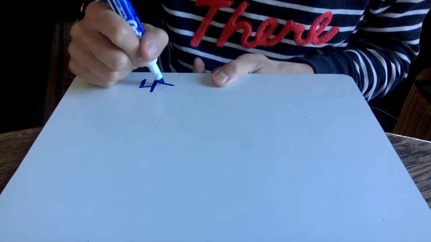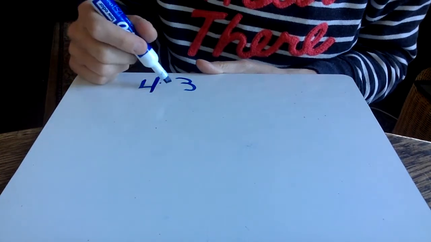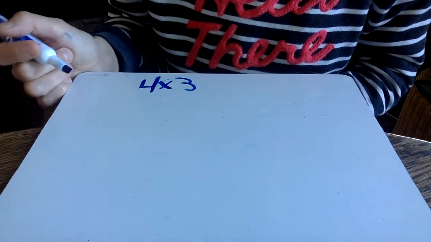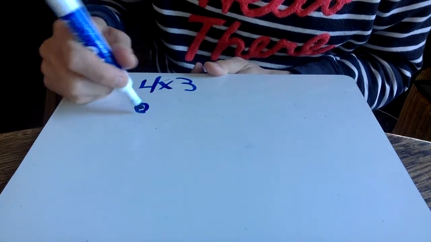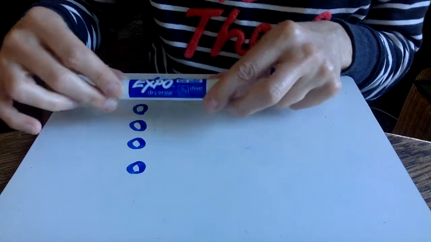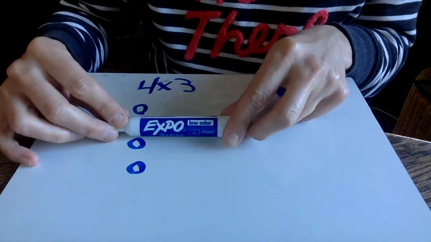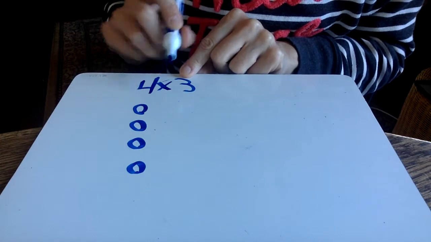So I'm going to flip this down for a little bit. We're going to go back to the 4 times 3 problem. That's an X for multiplication. Okay, so if we have a group here, we're going to start to put them in order. 4 times 3, if I were to do an array, means there are going to be 4 rows, and in every row you're going to see 3.